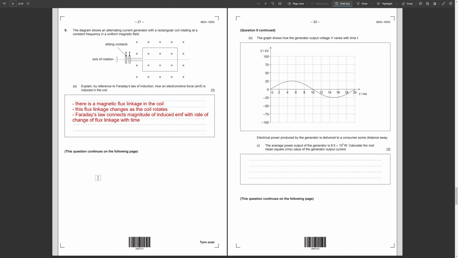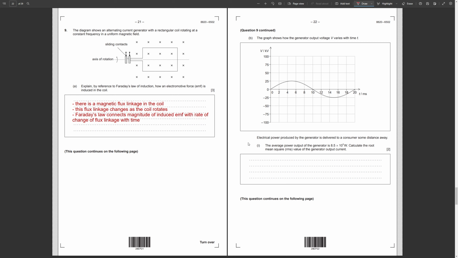Firstly, there's a magnetic flux linkage going inside the coil, and this magnetic flux linkage is varying as the coil is spinning. Because of Faraday's law of induction, the magnitude of induced EMF increases with the rate of change of magnetic flux linkage. As you spin more rapidly, there is a greater induced EMF created along the wire.